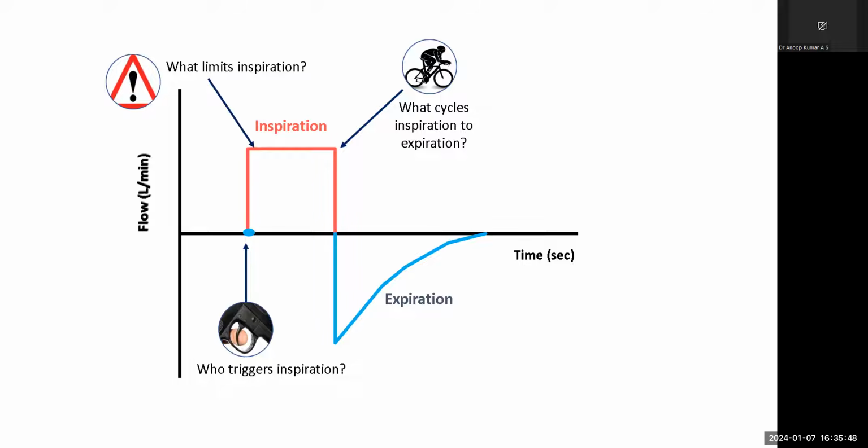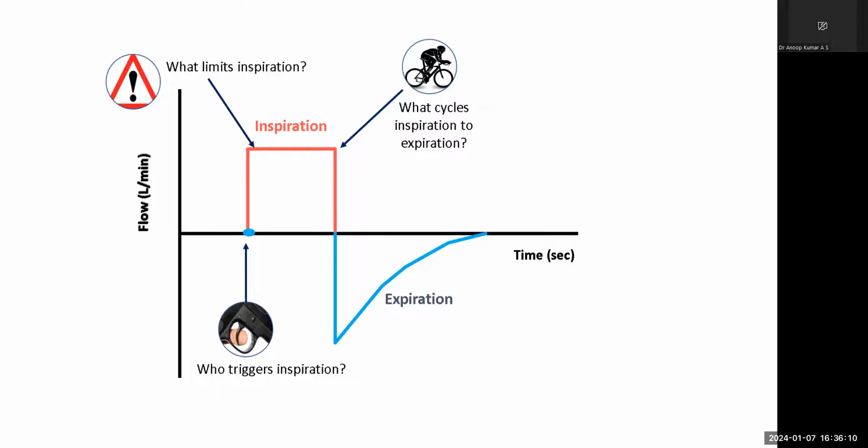But less than 1:1, or the inverse ratio ventilation, we usually do not practice in adult ventilation. And the expiratory time is kept more when there is auto peeping or when you are ventilating a COPD patient or in an obstructive airway disease. So that is about cycling the inspiration to expiration.